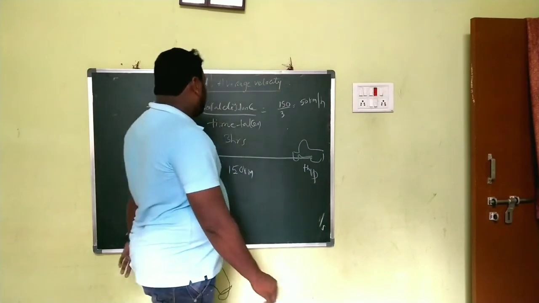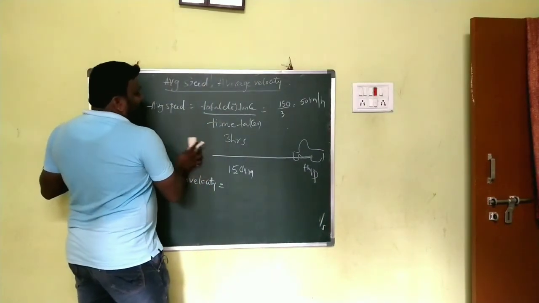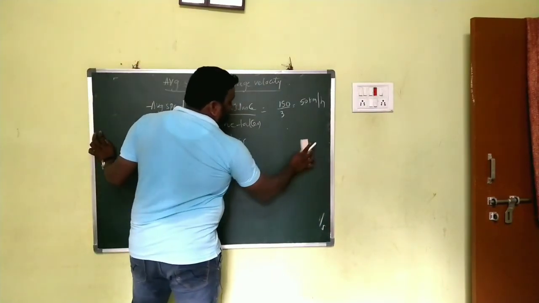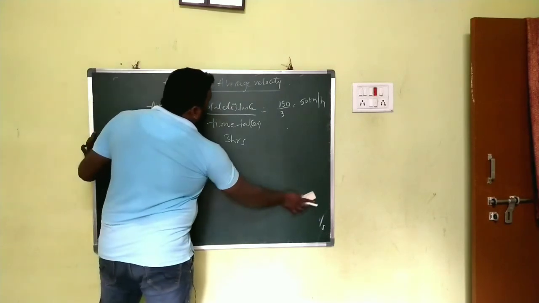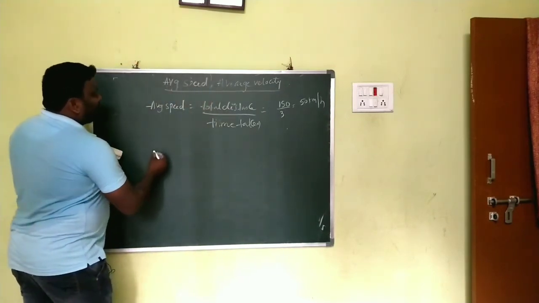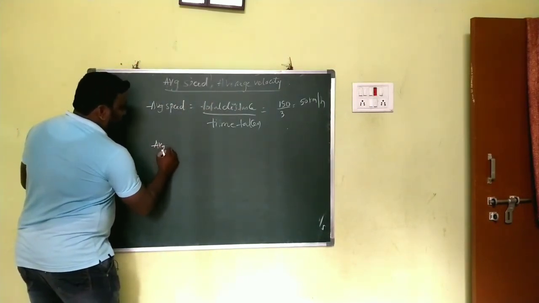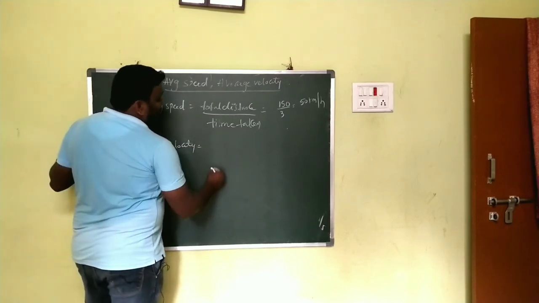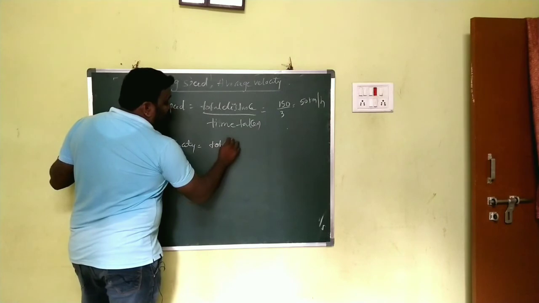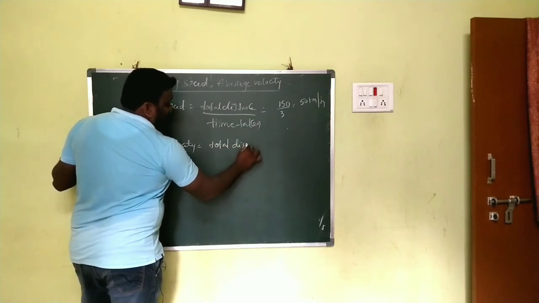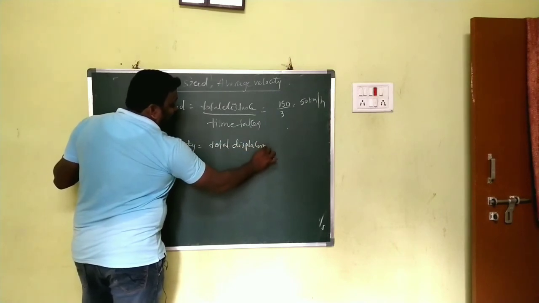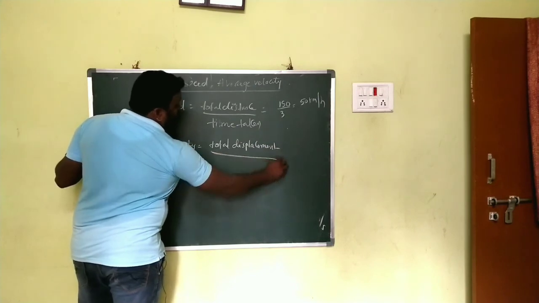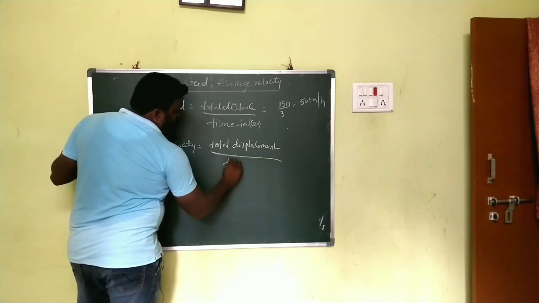So for that, now I am writing the equation. The formula for average velocity is average velocity equals total displacement by time taken.